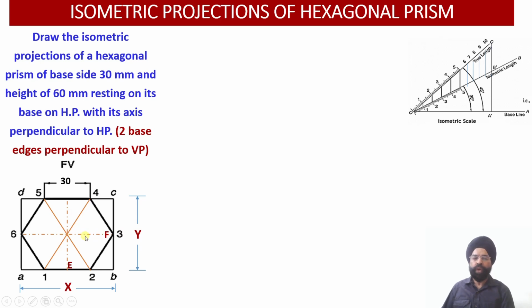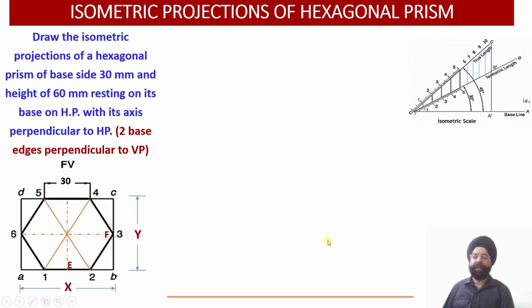Wherever these two axis lines or center lines join, we get the location of the axis point O. So A to E gives us the vertical center line, and B to F gives us the location of the horizontal central line. This way the axis point can also be located in the isometric projections.